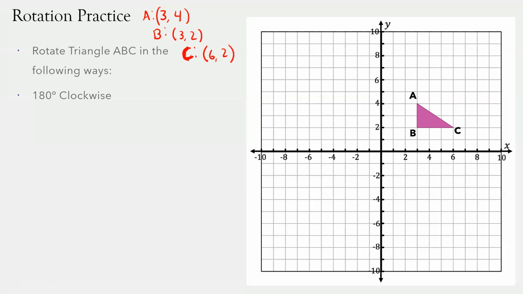Dane, good. Jennifer, good. All the points? Well, yeah, all 3. We're rotating an entire triangle this time.